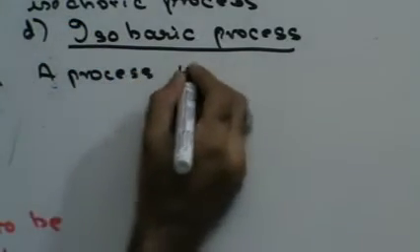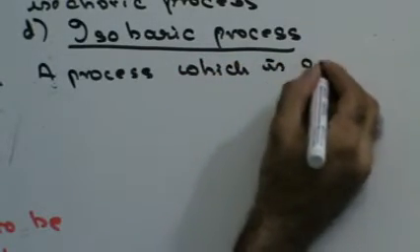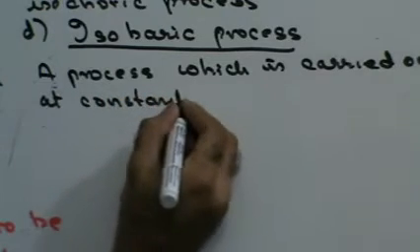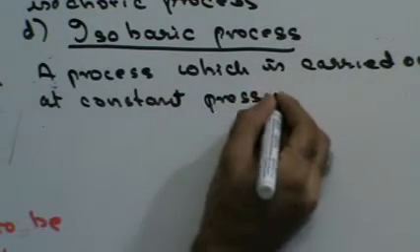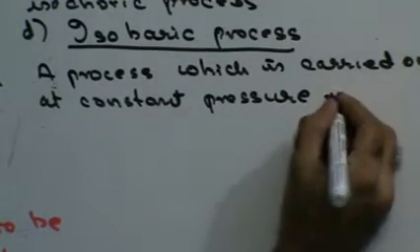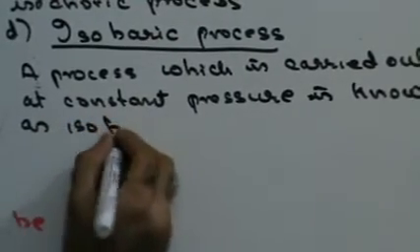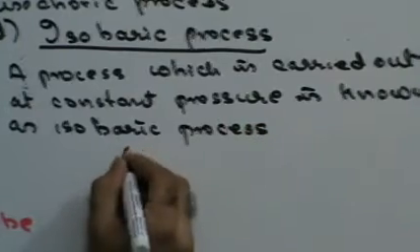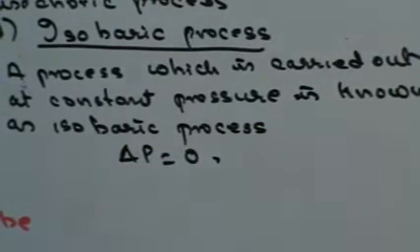A process which is carried out at constant pressure is known as an isobaric process. Or I could say that the change in pressure in this process would be 0.